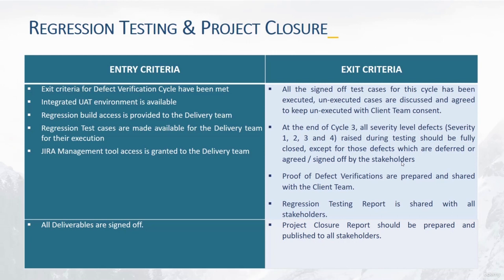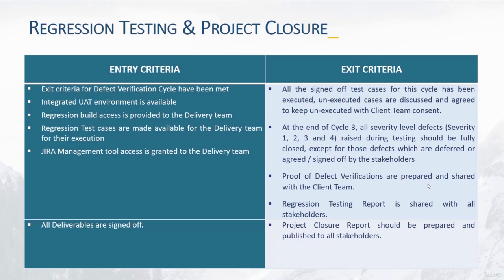And all the previous 3 cycles which we specified in our plan should be executed, and then finally we will perform our regression testing. Once the proof of defects verification is prepared and shared with the client team, the regression testing report is shared with all the stakeholders, and this is how we will provide the closure report when we perform our regression testing.